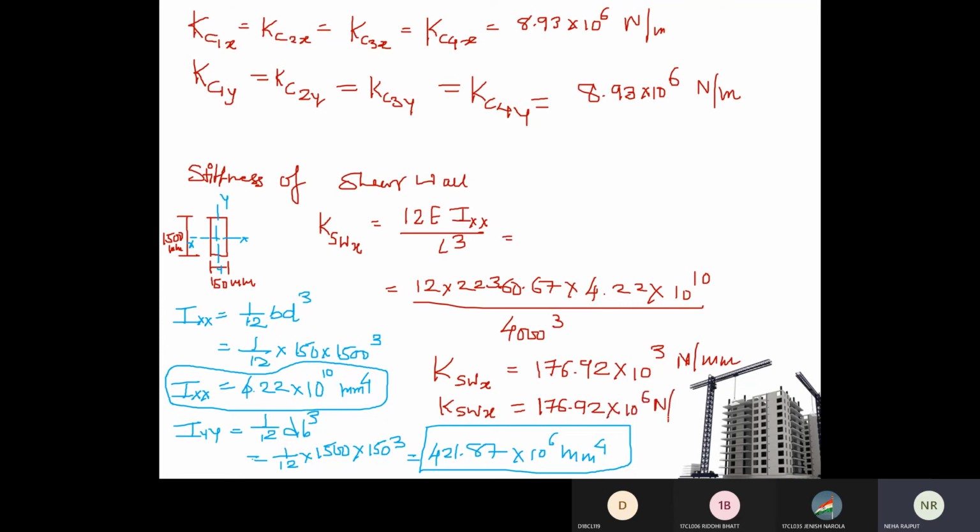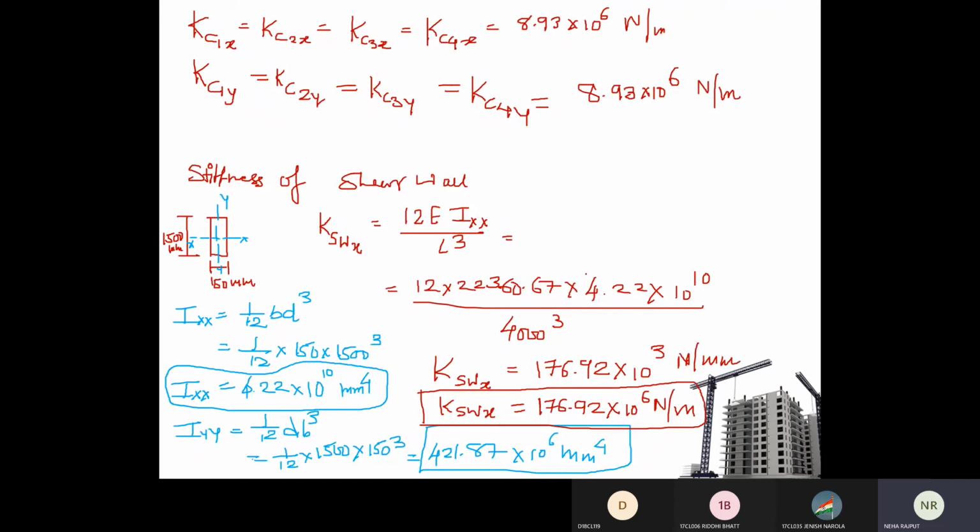Chalo, check, it is correct. Stiffness of shear wall in, yes ma'am. Right. Now stiffness of shear wall in y direction is 12 E Iyy upon L cube. The answer comes quickly. Only you need to change here 4.22 to 421.87 into 10 raised to 6.